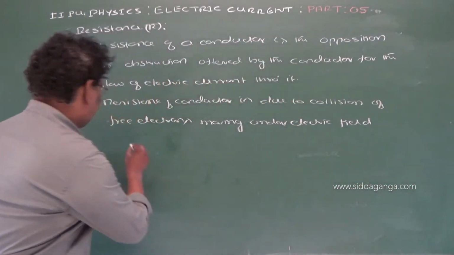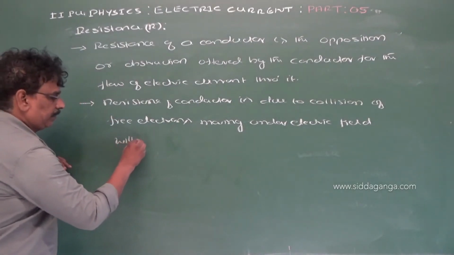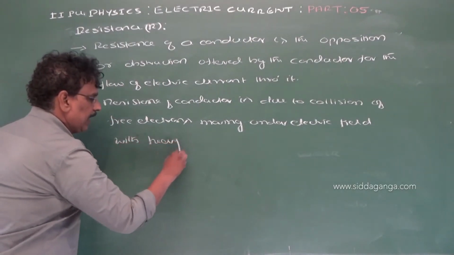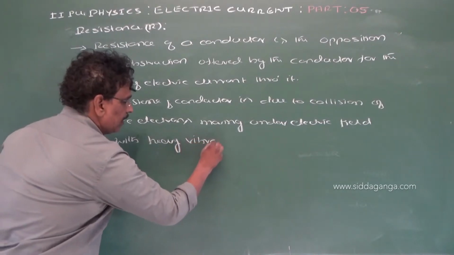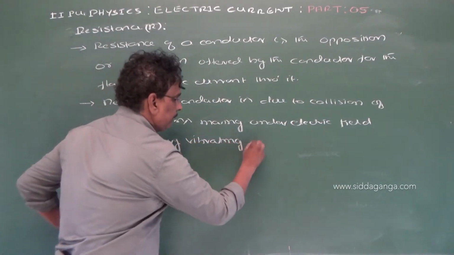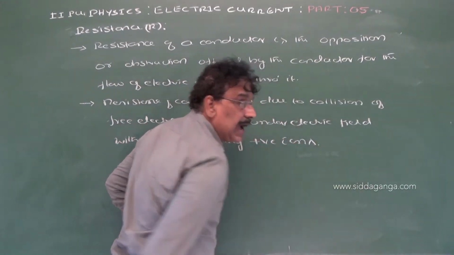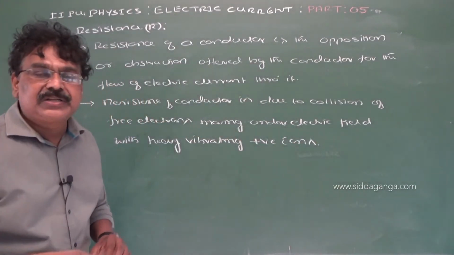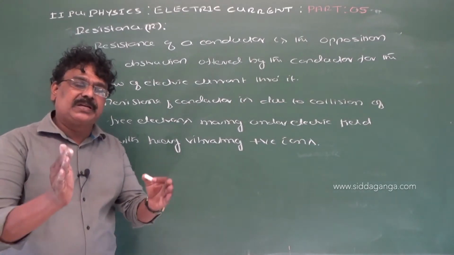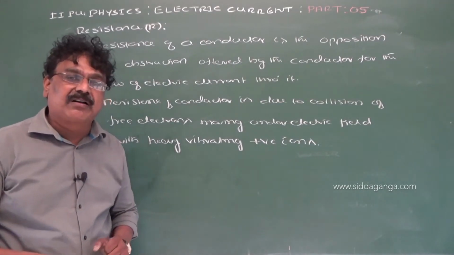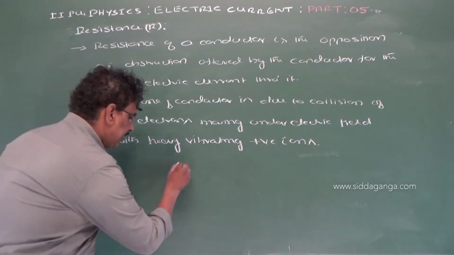That means average velocity is drift velocity. The resistance of a conductor is due to collision of free electrons moving under electric field with heavy vibrating positive ions. This collision offers opposition or obstruction for the flow of current in the conductor.